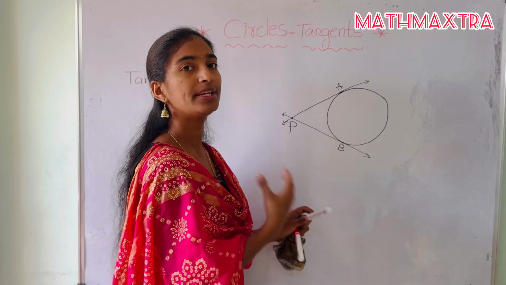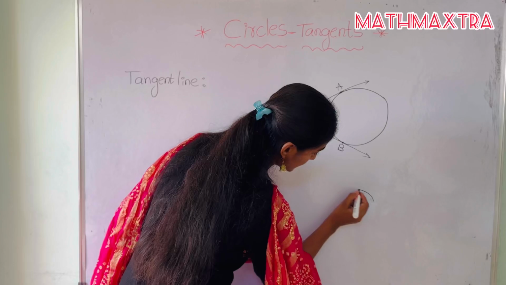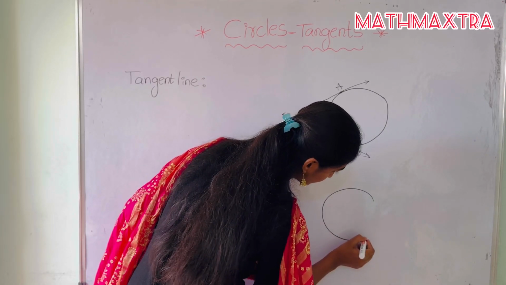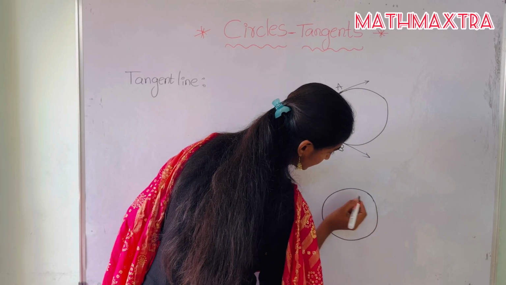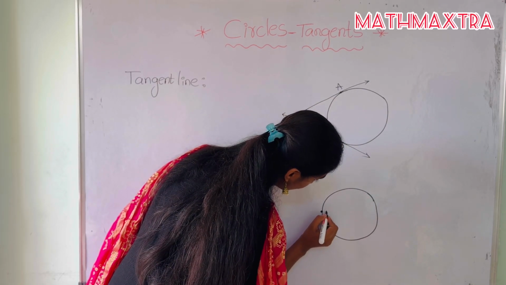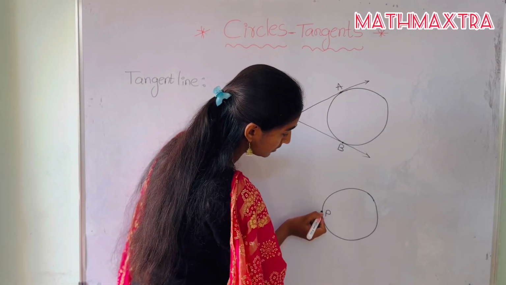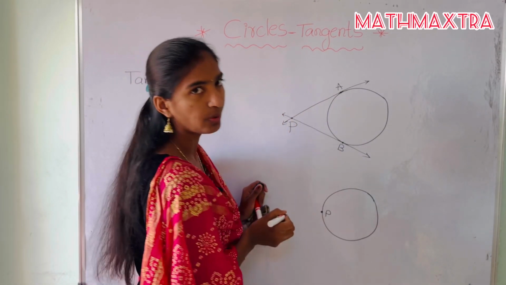What happens if this point is on the circle? Now tell me how many tangents can you draw? If this is a circle, and this is the one point I am considering, the point is P. Now you try to draw a tangent through this point.